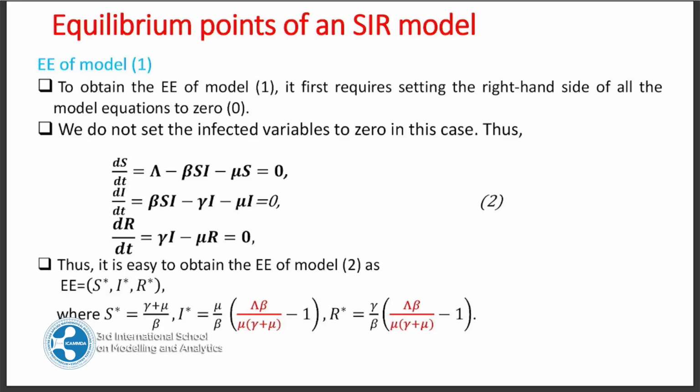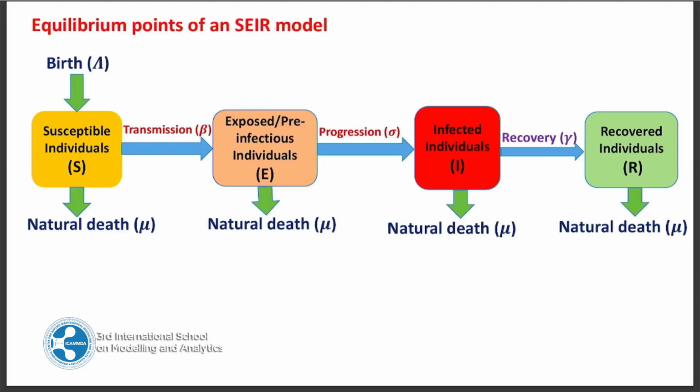So we must have that threshold greater than 1 for that solution to be positive. Going through a similar process, we can also find the equilibrium point for the SEIR model. I will not take my time on this.